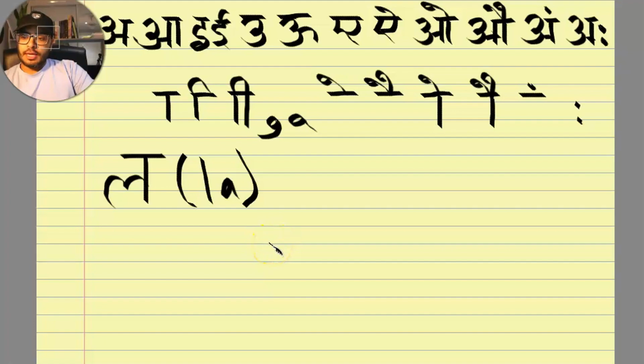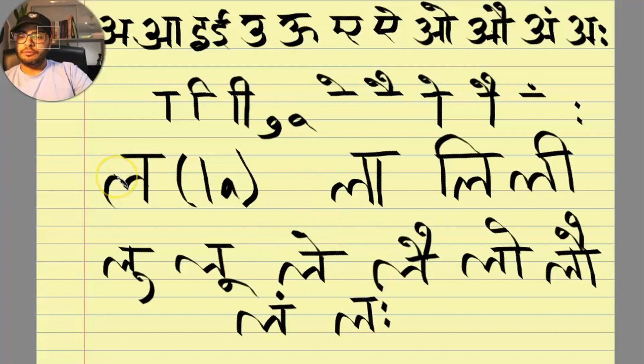The sound that matches in English would be something like lobby, and in Nepali a word that uses this sound would be something like lasun. Lasun means garlic. Barakhari for this sound would be la, li, lu, le, lai, lo, lam, lah.